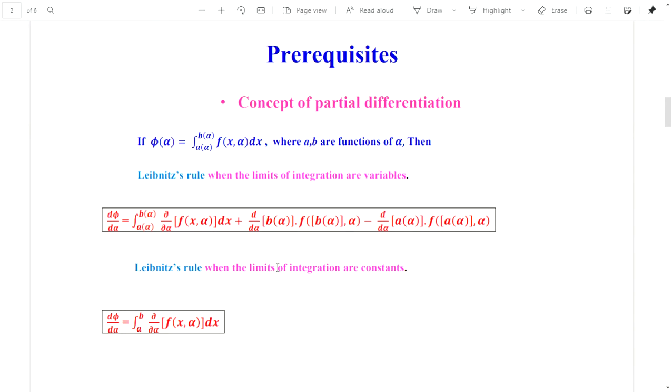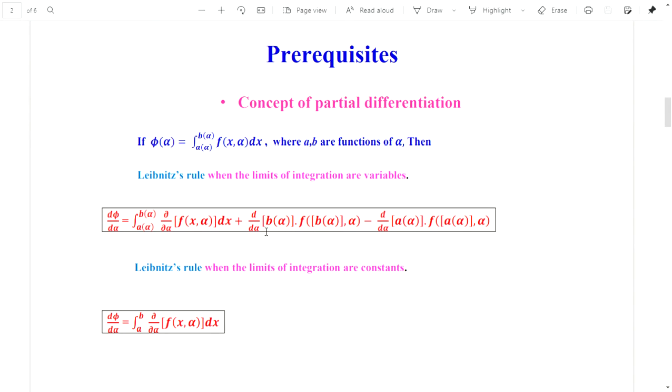When the limits of the integration are constants, in such a case, the Leibniz rule becomes d phi by d alpha is equal to integral of a to b dou by dou alpha of f of x comma alpha into dx, because a and b are constants.